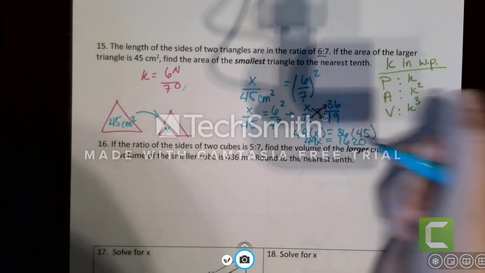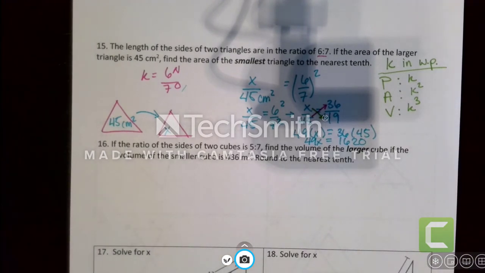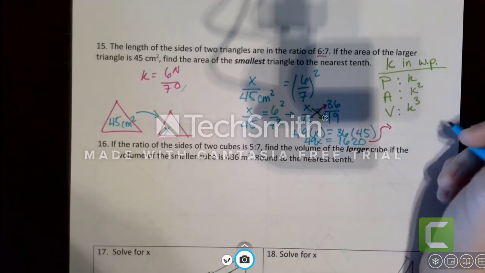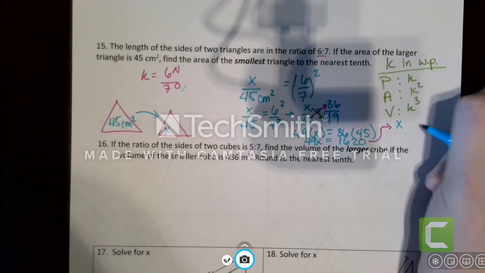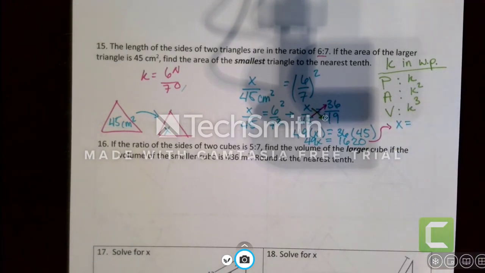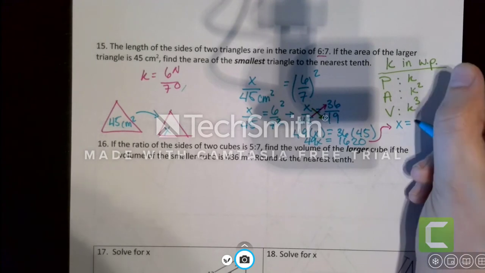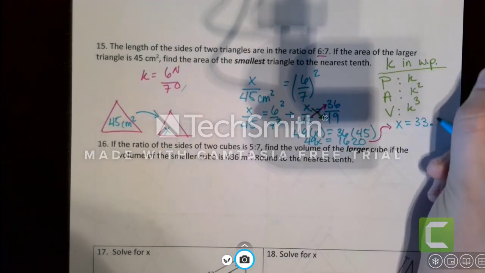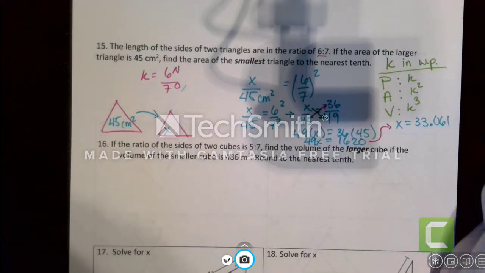Now, since we only have a number being multiplied to my x, I have to divide both sides by 49. I know 49 divided by 49 just leaves me with my variable x on the left, but if I divide 1,620 by 49, you get a decimal of about 33.061.